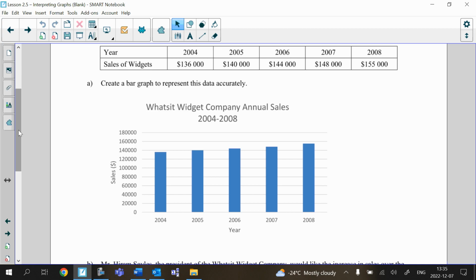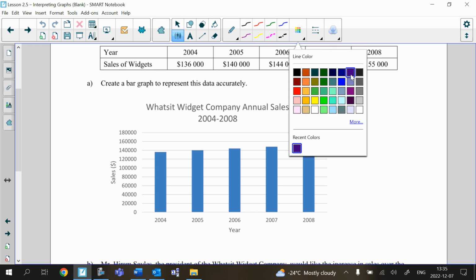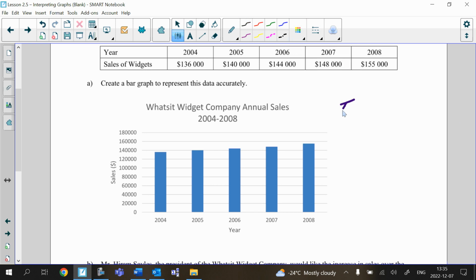This graph would be considered, out of the three that we're going to look at, the most honest representation.